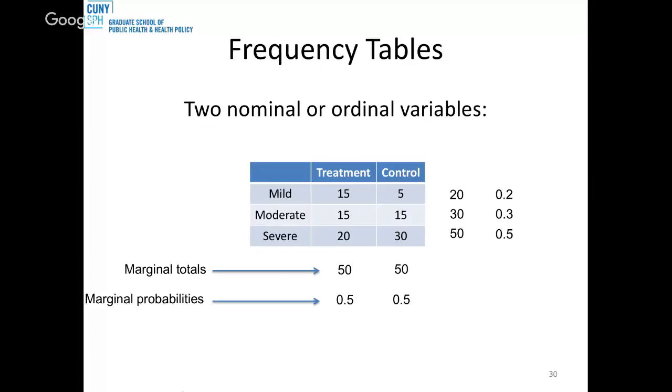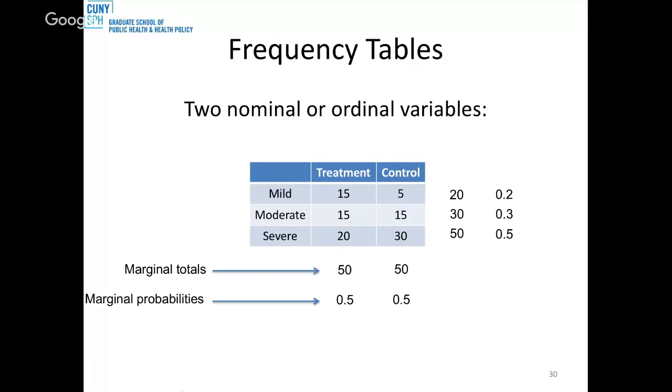treatment or control. So the probabilities in each cell here are what would be called joint probabilities because they're the joint probability of the severity of pain and each of the treatment groups, whereas these are the marginal probabilities.